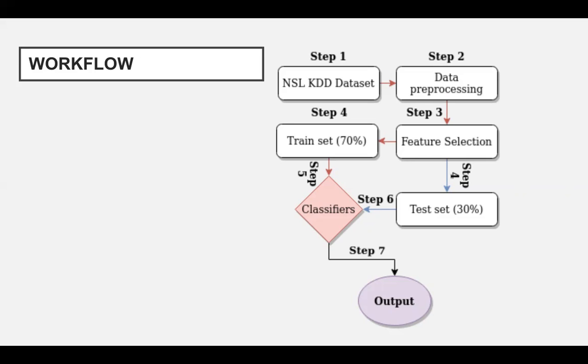We will talk about this step in more details in the next few slides. After selecting the features, the data set was divided into 70/30 ratio, where 70% was for training and 30% was for testing purpose. And then finally, after evaluation, we have recorded the outputs.